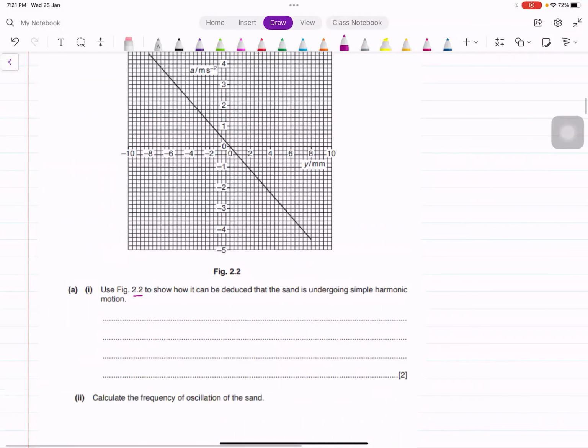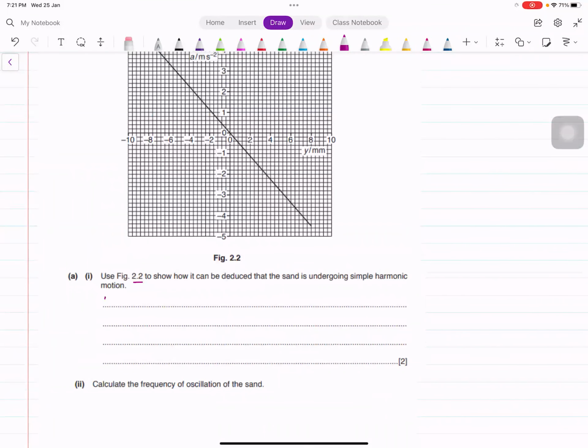First of all, we are going to write that the magnitude of acceleration is increasing proportionally with increase in displacement. All right, so this should be the first thing you always write.